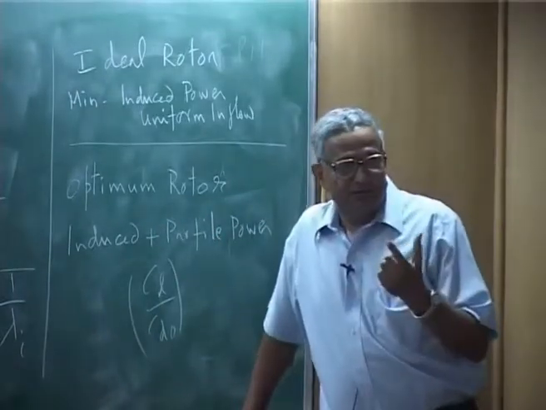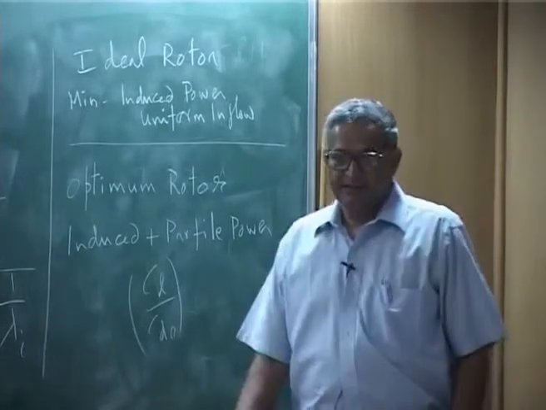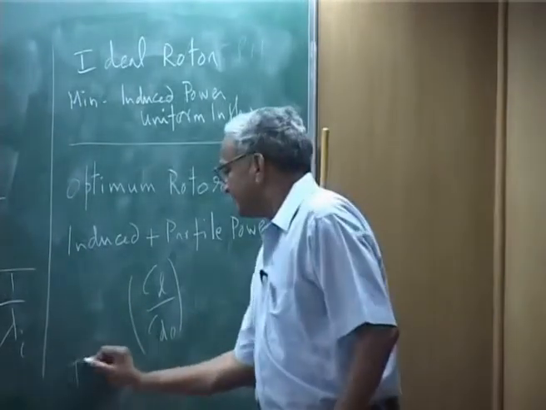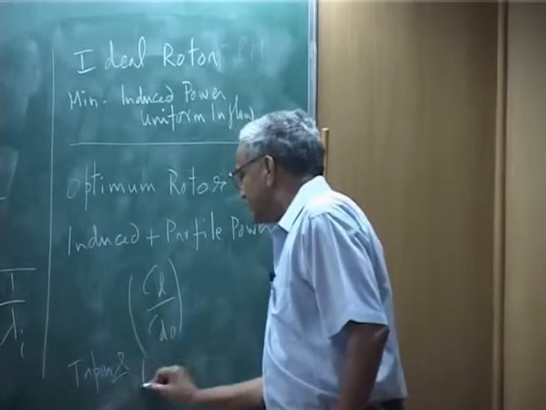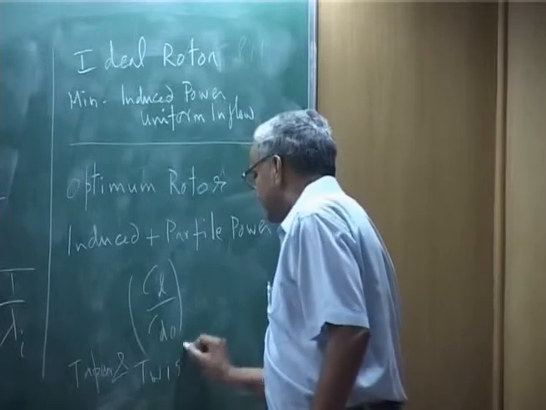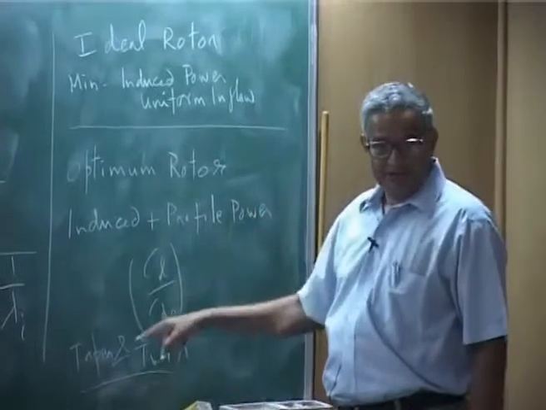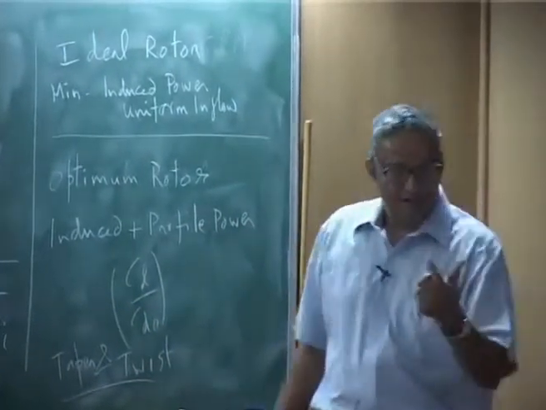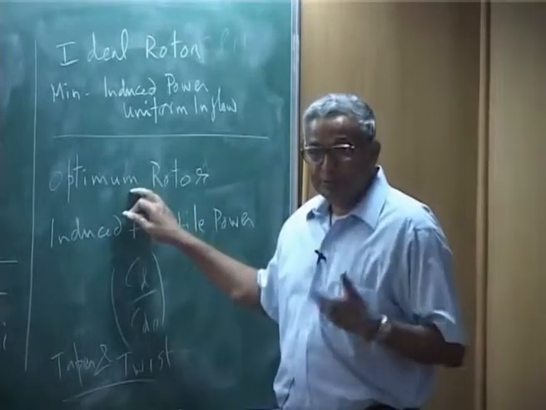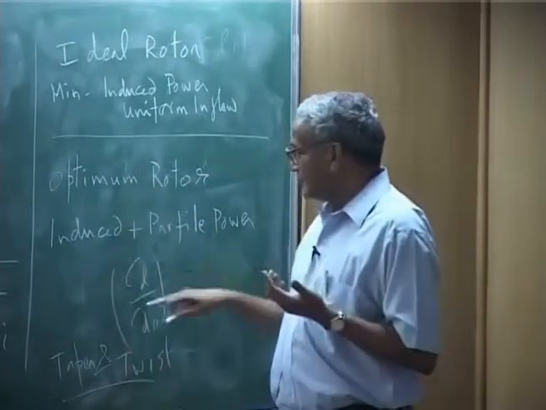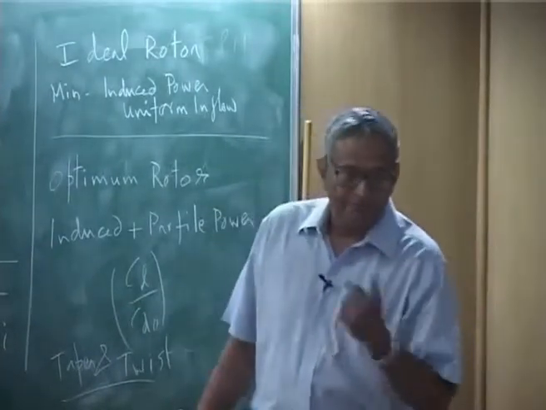Now usually you take the taper and twist. So you adjust the taper and twist, because ideal twist gives uniform inflow, you try to adjust these two parameters such that you get an optimum rotor. Optimum rotor means both must be minimum.